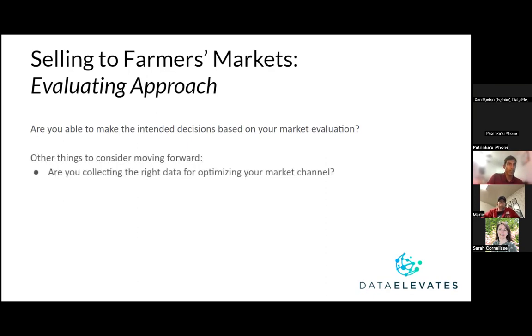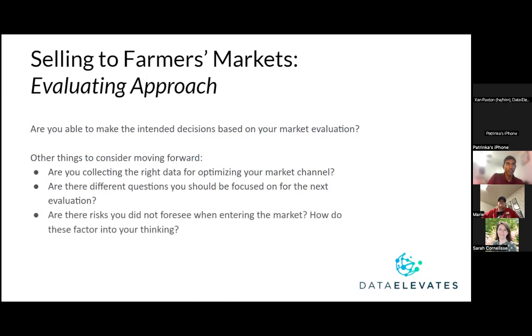And other questions, I was mentioning collecting the right data. Should you be asking different questions? And then generally, are there risks you do not foresee? So are there maybe other questions you should be asking, right? And notice I'm talking about the questions, and this is a data session. The focus here is on the question.